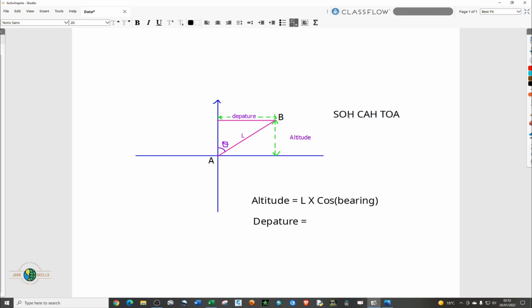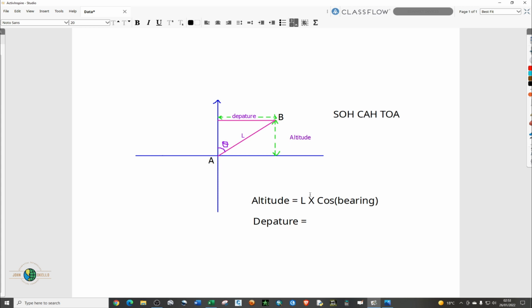If you have issues with remembering the formulas or the trigonometry, just memorize SOHCAHTOA. To calculate the sine of an angle, you divide the opposite side by the hypotenuse. To find the cos, you divide adjacent by hypotenuse.